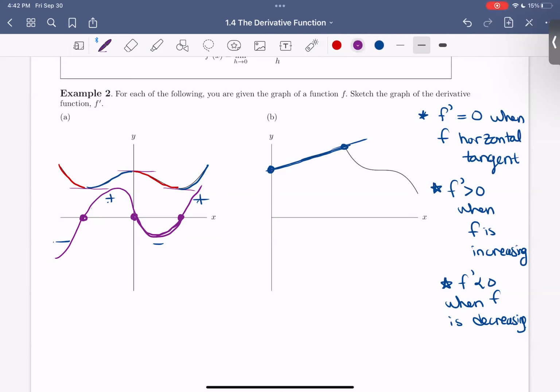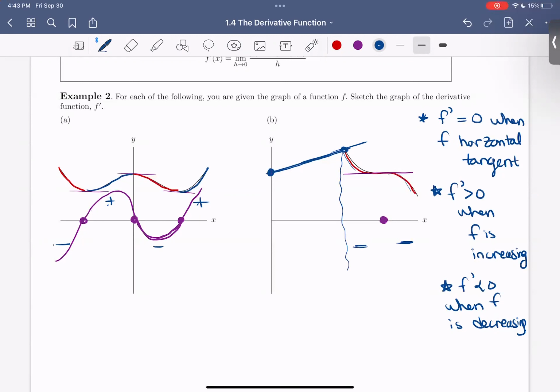Here, the second part of the graph, I have this smooth curve where I have a horizontal tangent line here. So I know we're going to have a 0 here. To the left of that 0, we're decreasing, so we're going to be negative. And to the right, we're also decreasing, so we're going to be negative again. So over here on our derivative, we're going to be negative and 0.